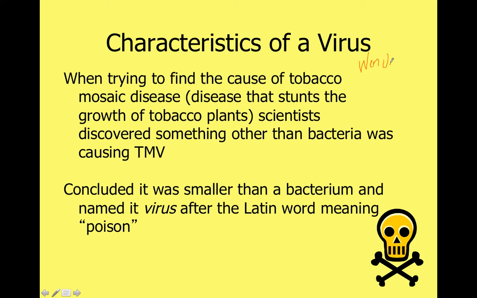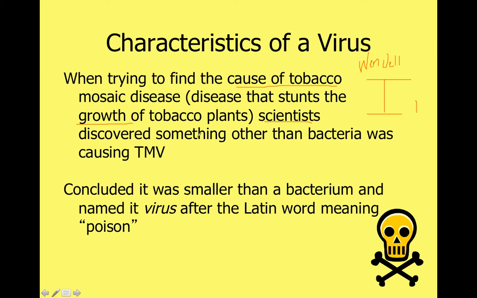Stanley Wendell was one of the scientists trying to figure out why tobacco was not growing correctly. Plants that were normally supposed to be tall ended up only growing to about this tall, stunted so small that they wanted to figure out what was going on.